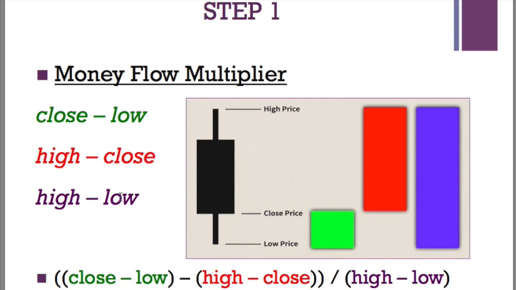And then the high-low difference, and so the high price minus the low price is this purple box here. How do we calculate the money flow multiplier? Well, you take the close-low difference, you subtract from this the high-close difference, and you divide this by the high-low difference. And so this minus this divided by this.